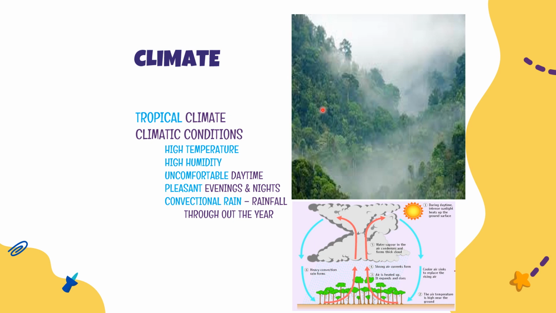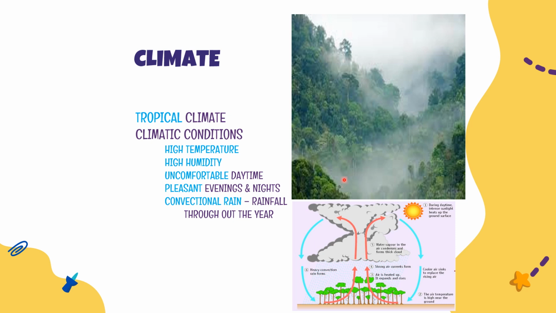It has a tropical climate, and one special thing about this equatorial climate is it has a high temperature and very high humidity, and you have uncomfortable daytime. What is called uncomfortable daytime?